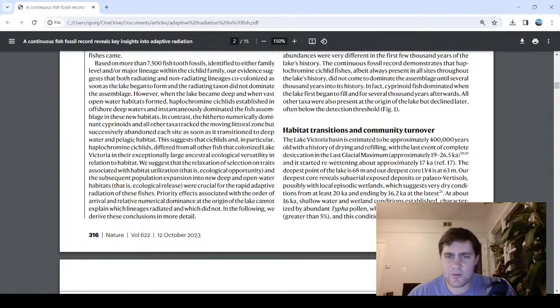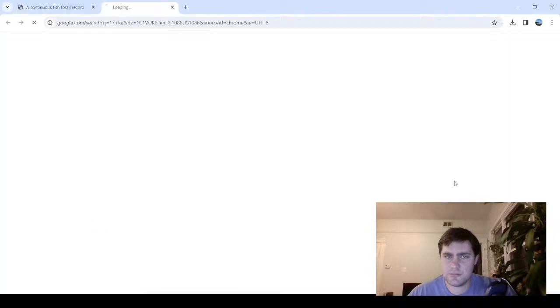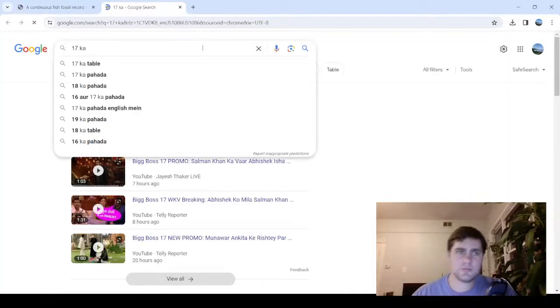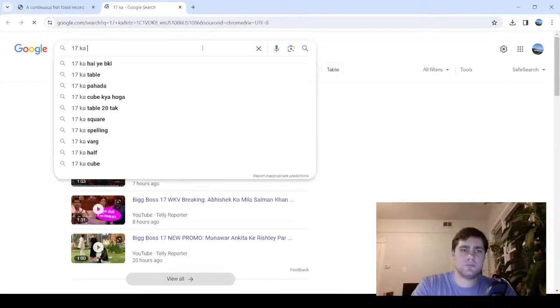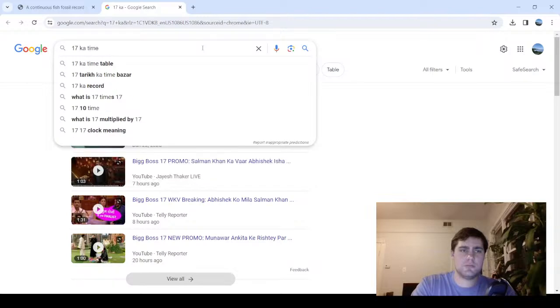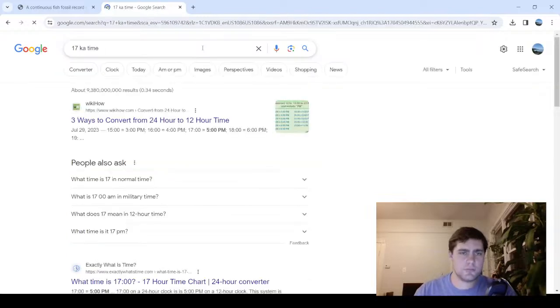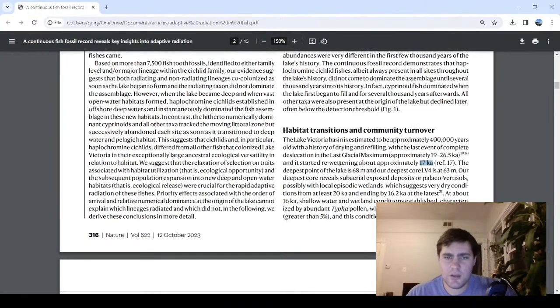And it started re-wetting approximately 17 Ka. The deepest point of the lake is 68 meters, and our deepest core, LV, is 63 meters.